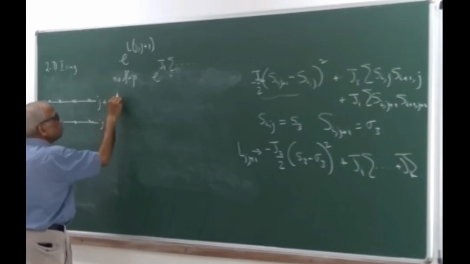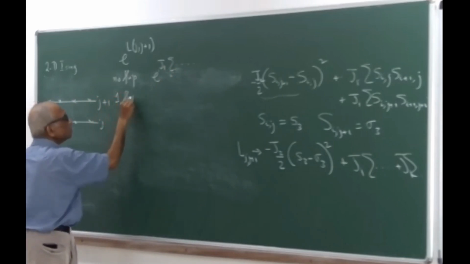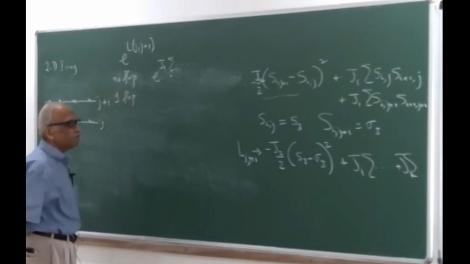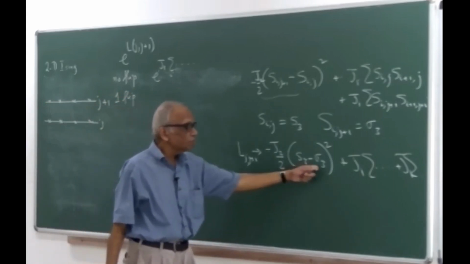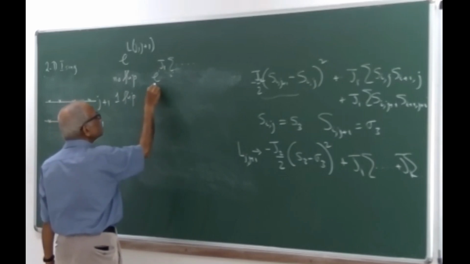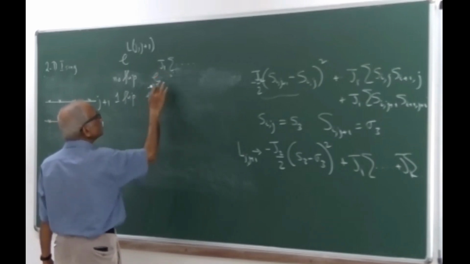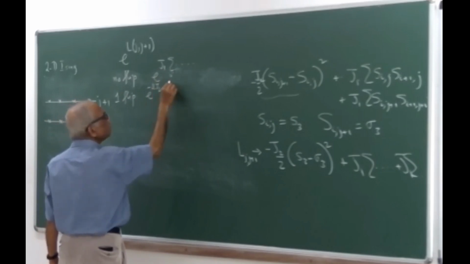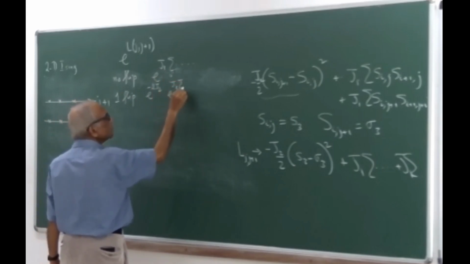If you have one flip, then I pick up e to the 4 over here. So it is e to the power minus 2j2, and then e to the power everything that I had over here.